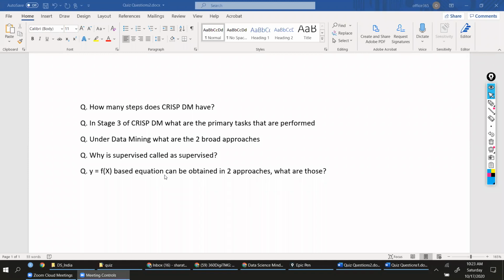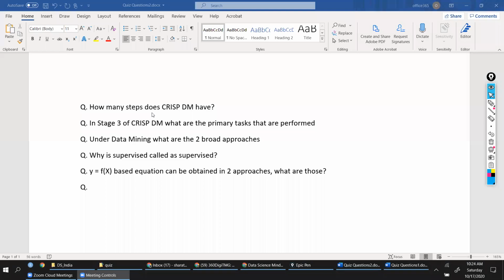Where y is a single output variable, which is also known as dependent variable, where that capital X are the statistical equations which are already defined to be used.